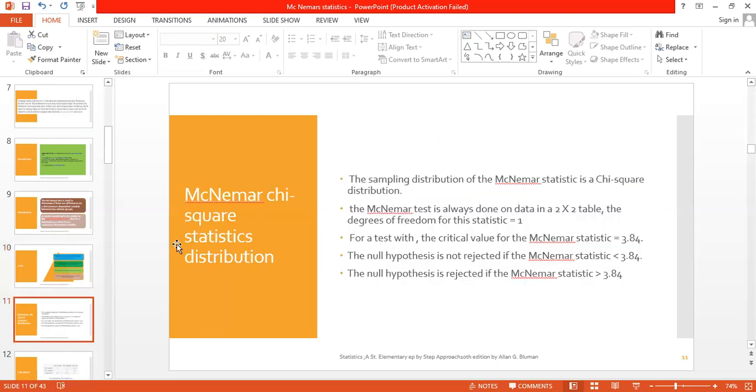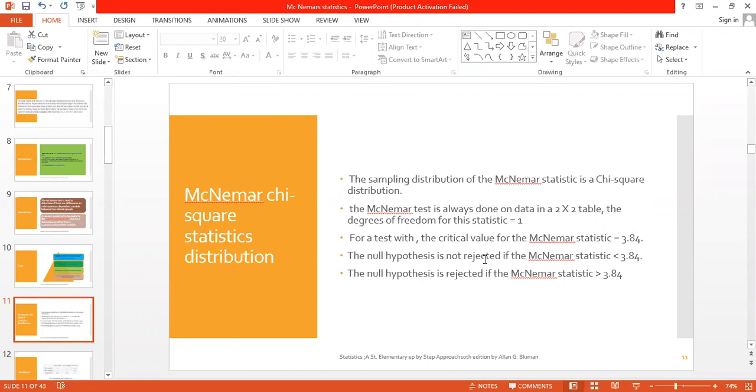This is the McNemar chi-square distribution. The sampling distribution of a McNemar statistic is a chi-square distribution. The McNemar test is always done on a 2 by 2 table with 1 degree of freedom. For example, the critical value for a McNemar test is 3.84.